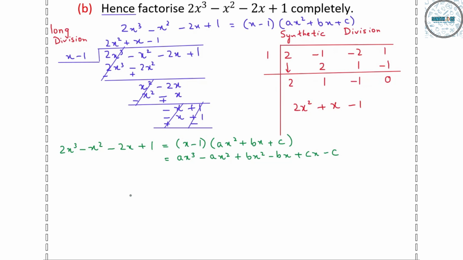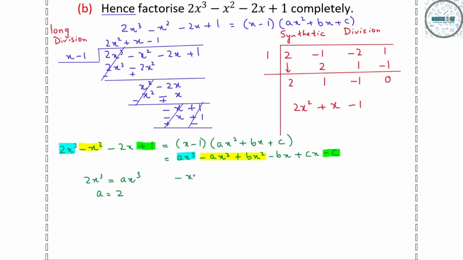Now we have to do comparison. We have here 2x cubed and here ax cubed. Here we have minus x squared and here we have minus ax squared plus bx squared. Here we have plus 1 and here we have minus c. Now we will equate 2x cubed to ax cubed. So the value of a is 2.